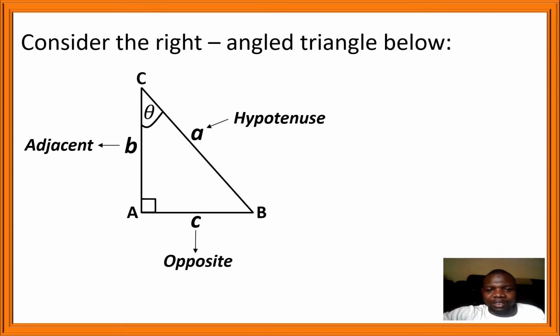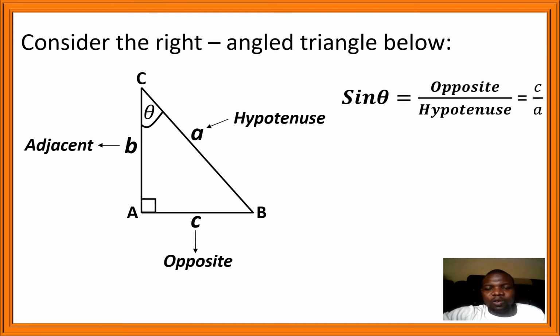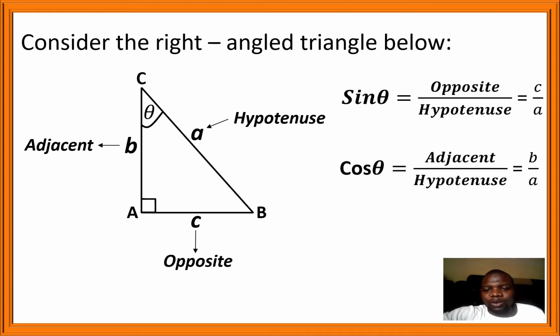So in this case, the three ratios change. The sine of theta will now be equal to c over a. That of cos of theta will now be equal to b over a. And tan of theta will now be equal to c over b.